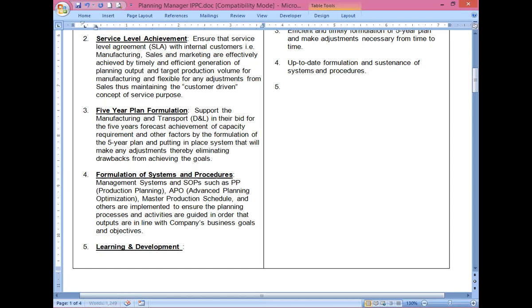Maybe I will add more. It is understood when you say learning and development, you're talking about your people or staff, but I want to specify. Okay. So organize.